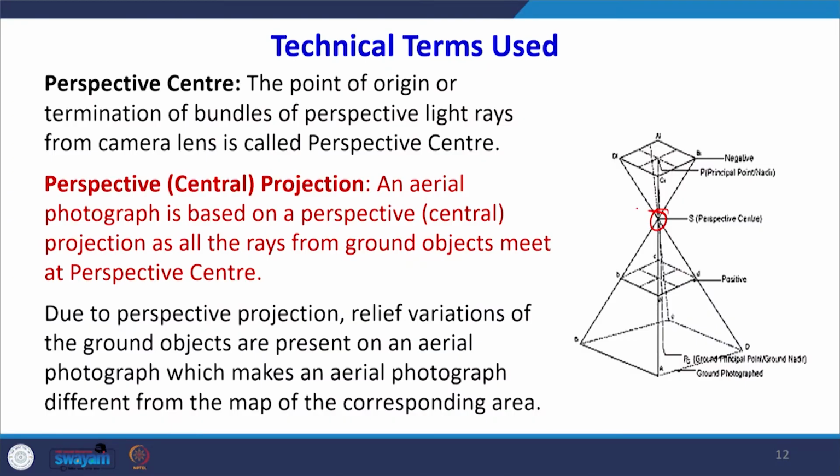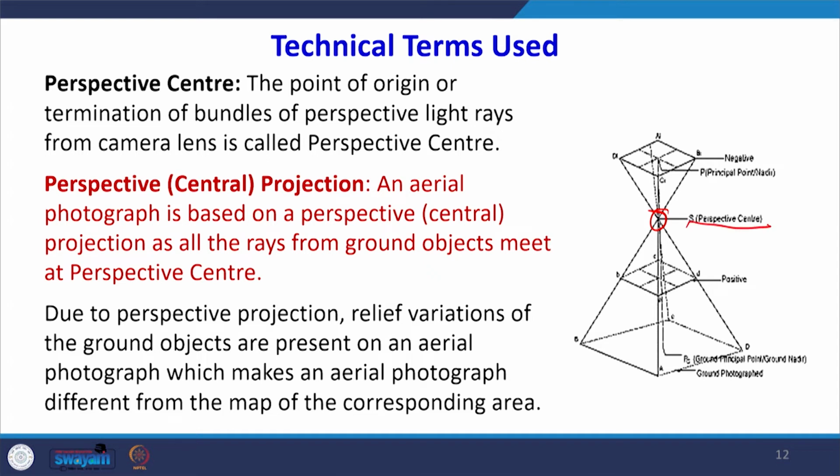The next term is the perspective center of the photograph. The perspective center is the origin or termination of the bundle of perspective light rays from the camera lens. This is my camera lens here, and you can see that all the rays are radiating or terminating at this particular point.